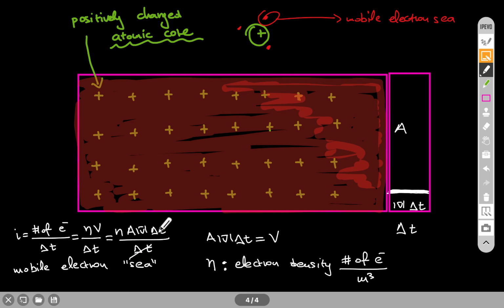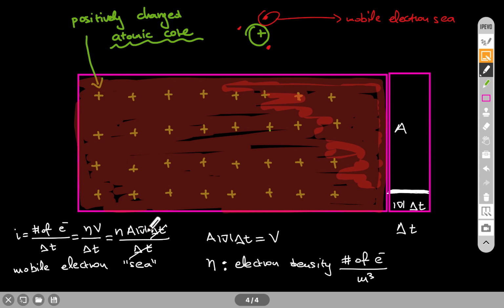And now I can make the two delta t's go away. And the expression that I get for the electron current is the electron density times the area of the wire times the speed of the mobile electron C. Okay, so this is an expression that you can use to calculate the electron current.